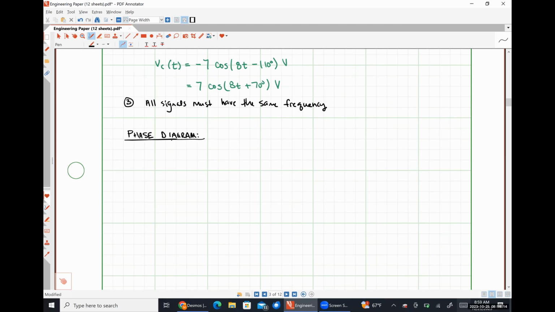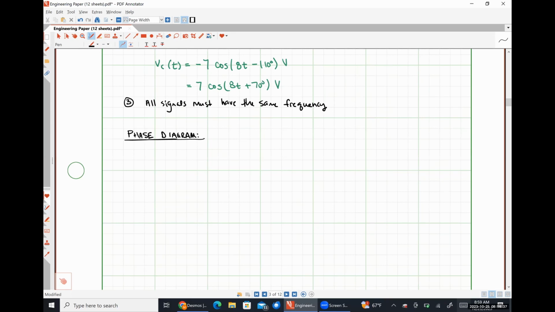A phase diagram is nothing more than a snapshot of these sinusoidal signals at a specific time. And I'm going to choose time t equal to 0, because that makes everything really easy. I know exactly what my angle is going to be at t equal to 0. It's just my phase angle, right?